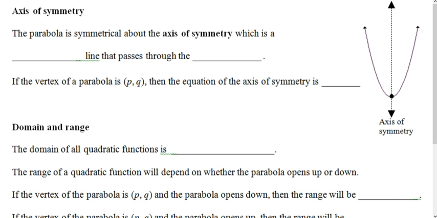Axis of symmetry. The parabola is symmetrical about the axis of symmetry, which is a what kind of line? Vertical line. There you go. A vertical line that passes through the vertex. If the vertex of a parabola is (p, q), then the equation of the axis of symmetry is?